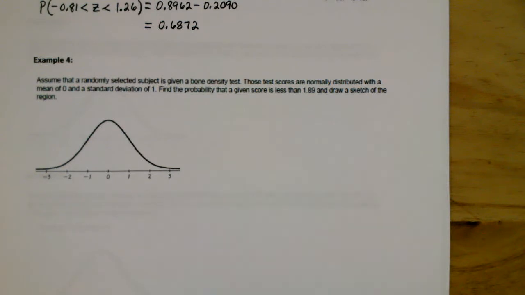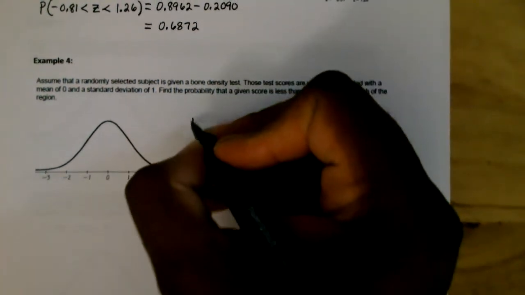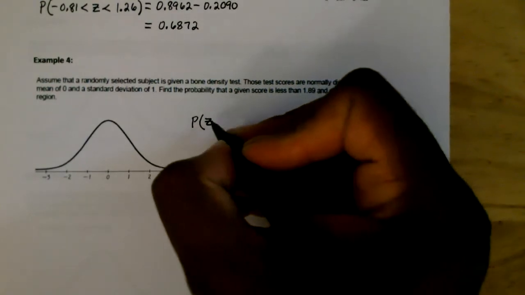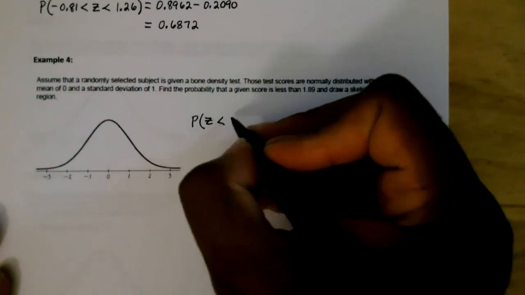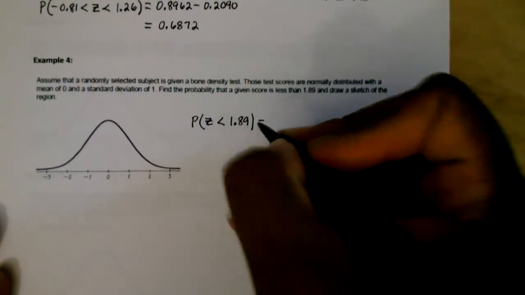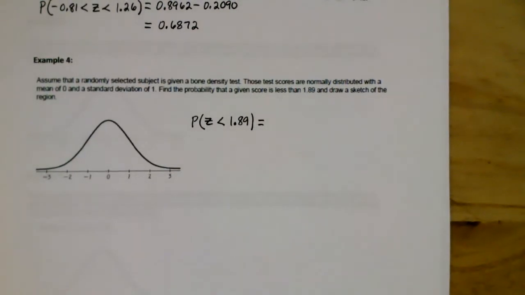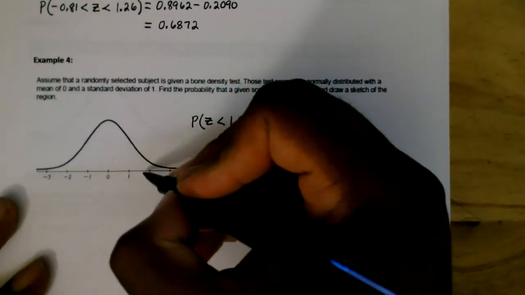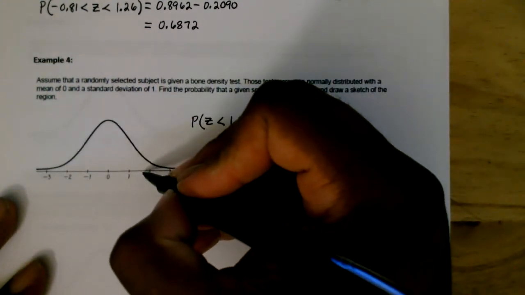Okay, so here we're finding the probability that our z is less than, that's the symbol for less than, 1.89. So I'm going to say 1.89 is somewhere over here, getting closer to 2.